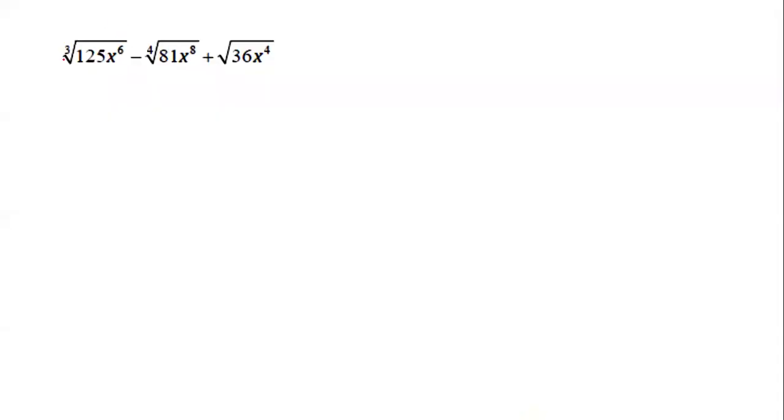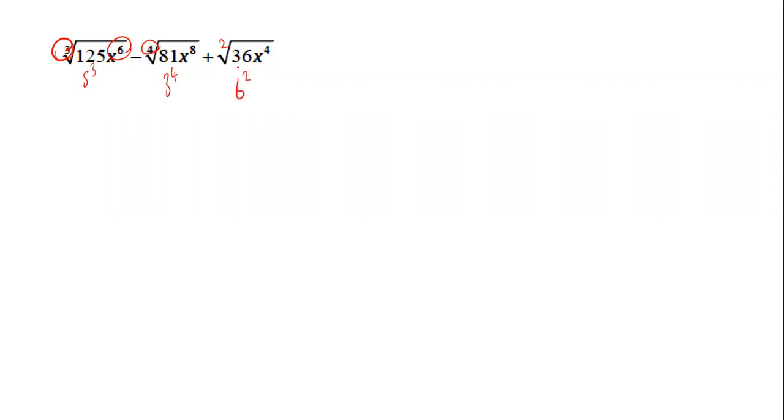All right, with this type of question you see this is a cube root, and then 4, and this one is a root. So you multiply the powers by these numbers. So this is 5 power 3, this is 3 power 4, and this is 6.